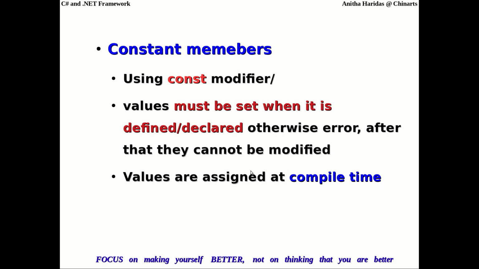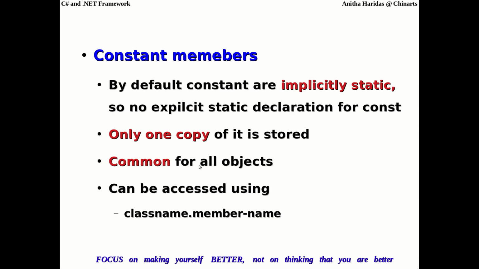These values will be assigned at the compile time itself. So by default, the constants are implicitly static. So you need not explicitly specify the static declaration for the constant. Since it is going to be implicitly static, we have already seen static members will be having only one copy for the entire set of objects of the class.